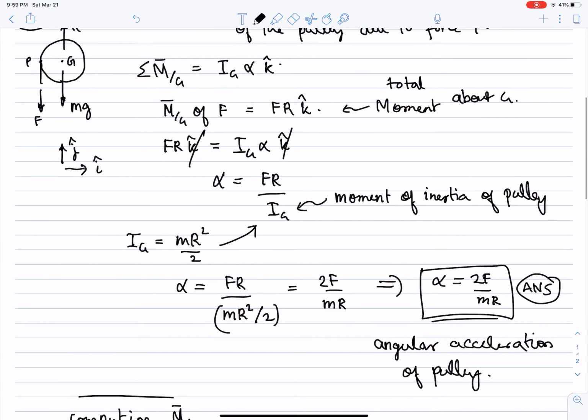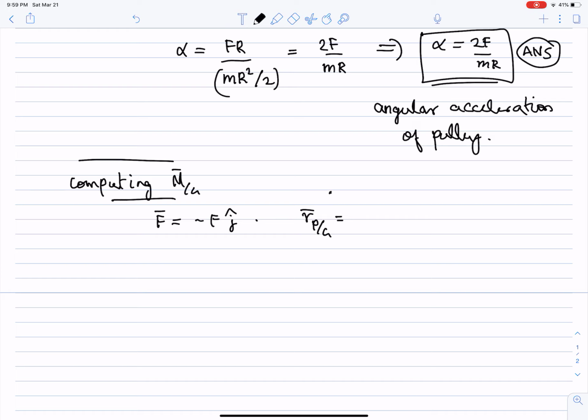If you have point G and this point P, this vector is going to be minus Ri.